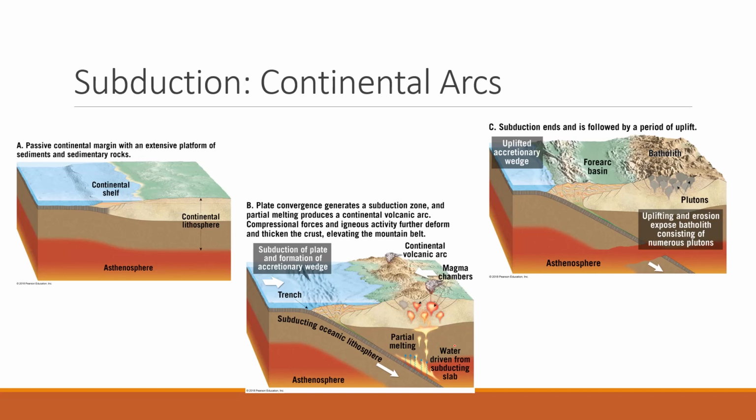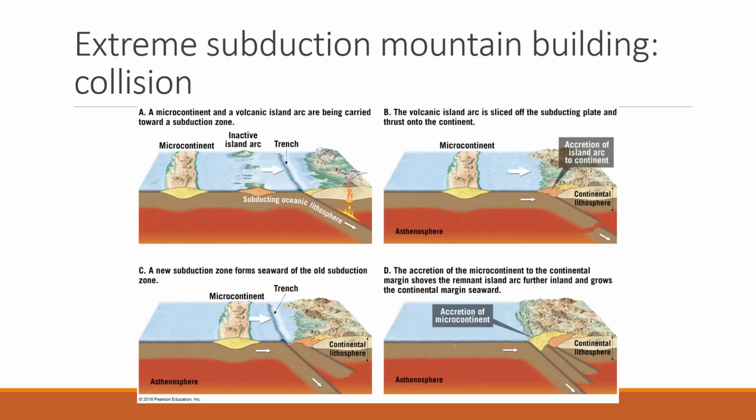So you make a continental volcanic arc. The Andes are an example of this. It's a pretty impressive mountain range, but the really impressive mountain ranges come when you finish subducting that oceanic plate, and you may bring along a microcontinent that then gets what's called accreted, or stuck onto the continent.